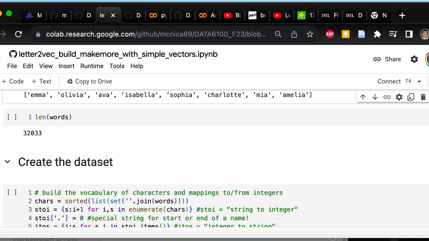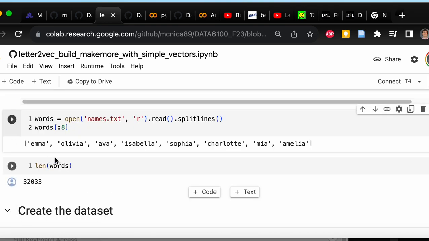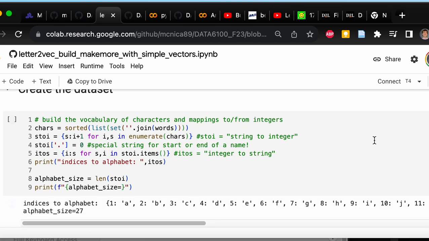There's one extra thing that I add, which is I add an end-of-word token to every single word. I'm going to put a period after each one: Emma period, Olivia period, Ava period. And period will be my special 27th character. That means end of the word, like stop writing. This part is taken exactly from Andrej Karpathy's stuff, so if you want to see the details, you can look there.